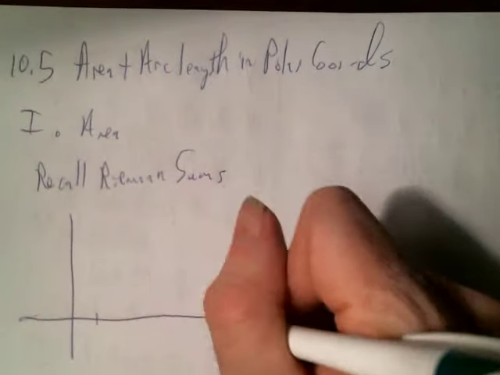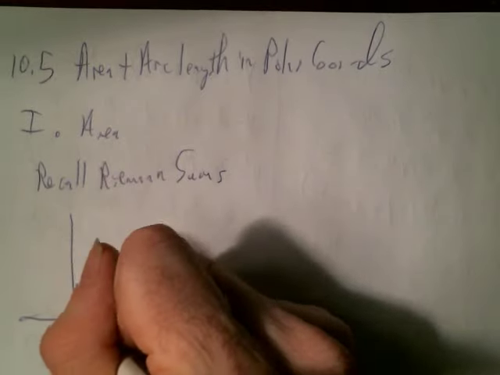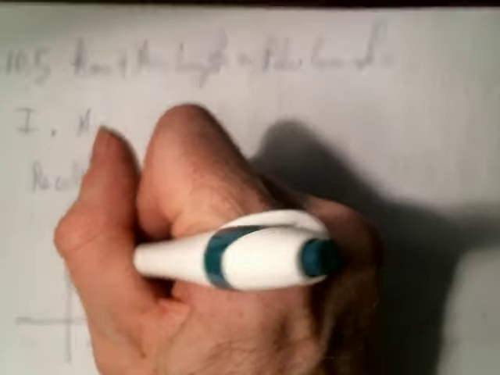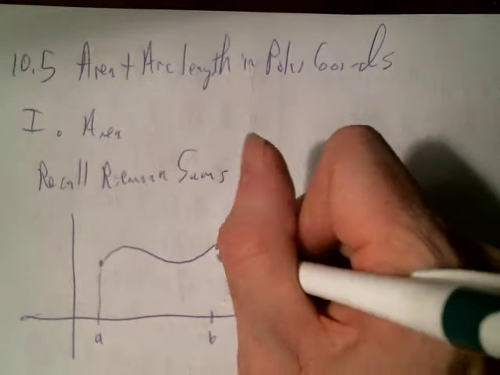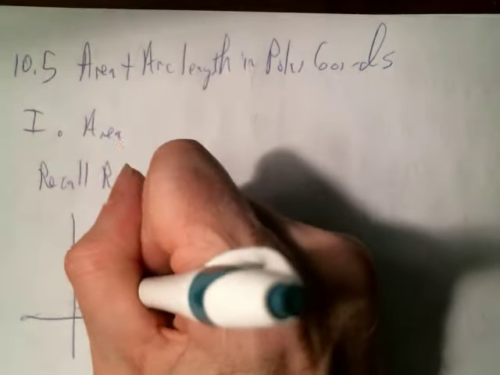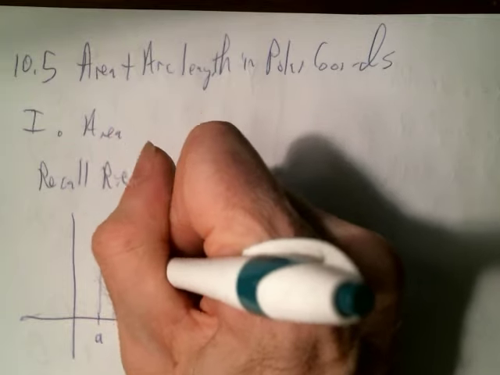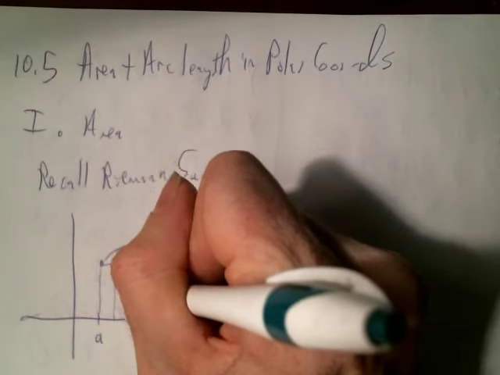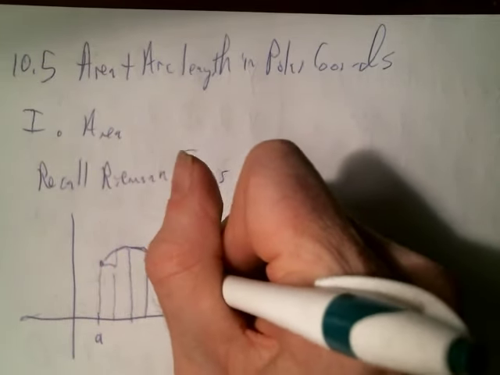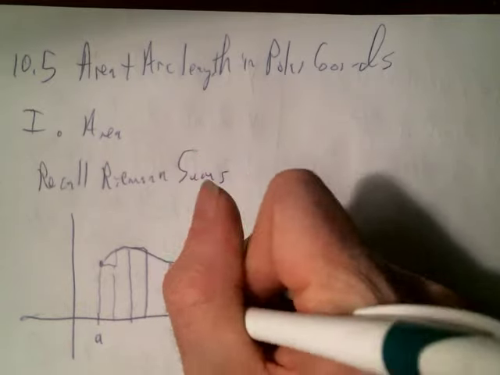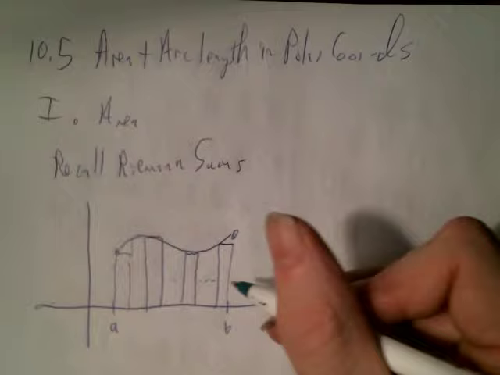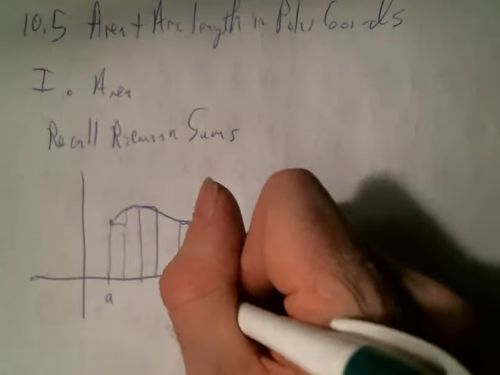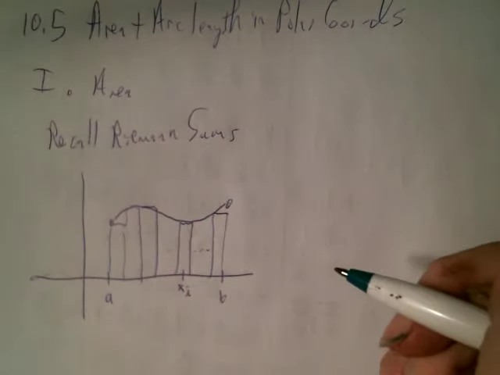So you would have some curve from some x value to some other x value, we'll say a to b. Okay. You would section it up into a bunch of rectangles. Okay. So this particular rectangle, say it's located at position x sub i.